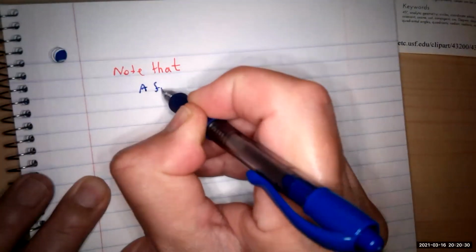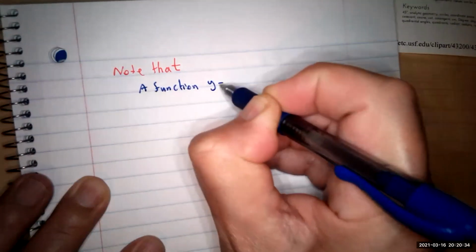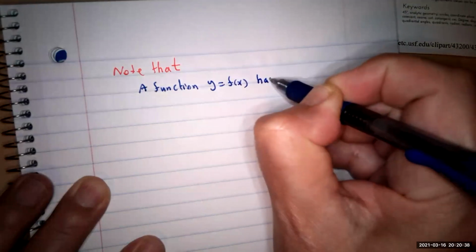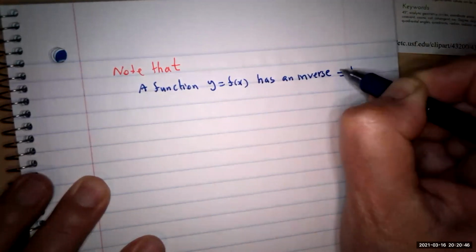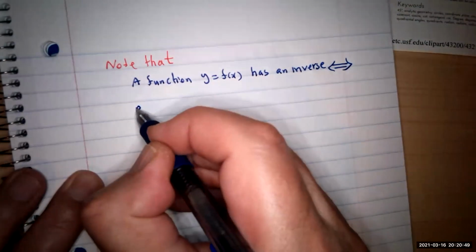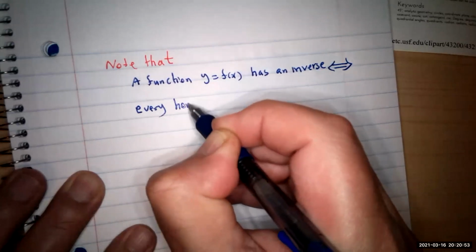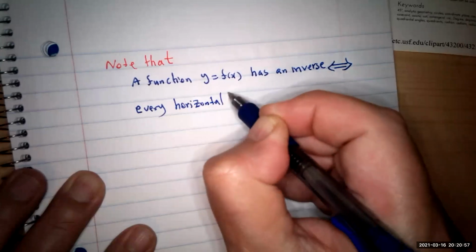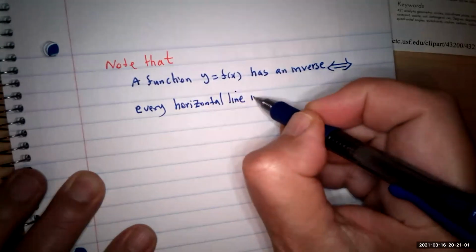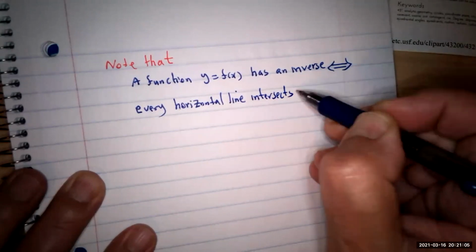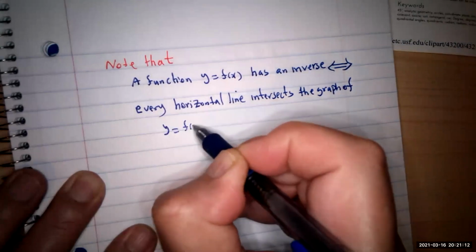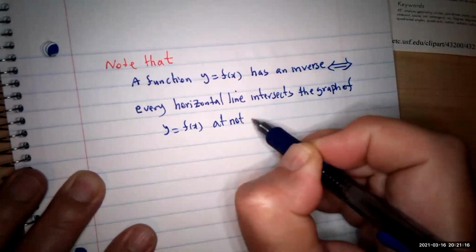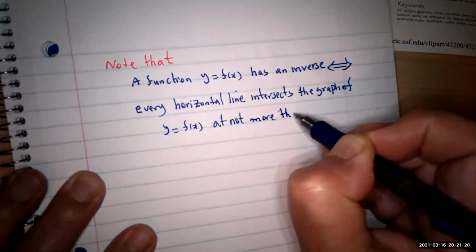The horizontal line test says a function y equal to f of x has an inverse if and only if every horizontal line intersects the graph of y equal to f of x at not more than one point.